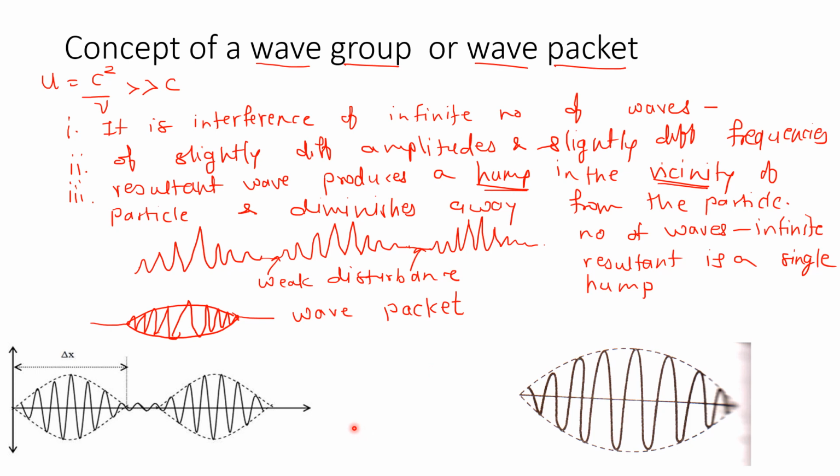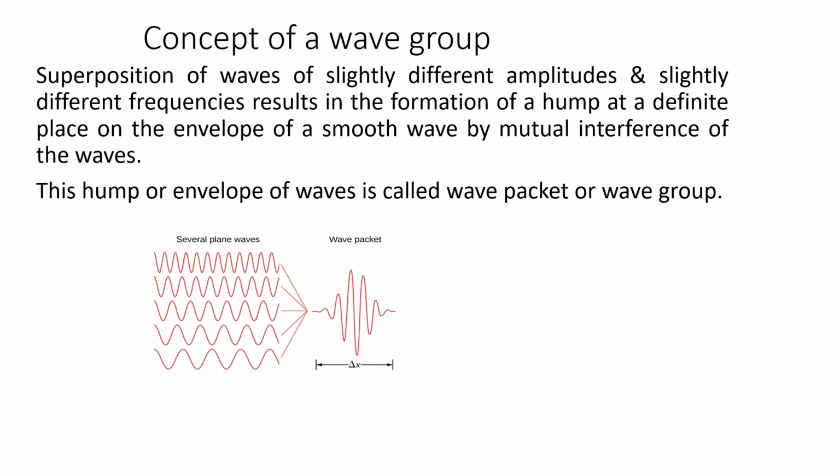Such are the waves which are associated with a moving quantum particle, right? So there it is not a single sine wave or cosine wave, but a wave group, a wave packet, which is associated with a moving particle. Look at this, students.